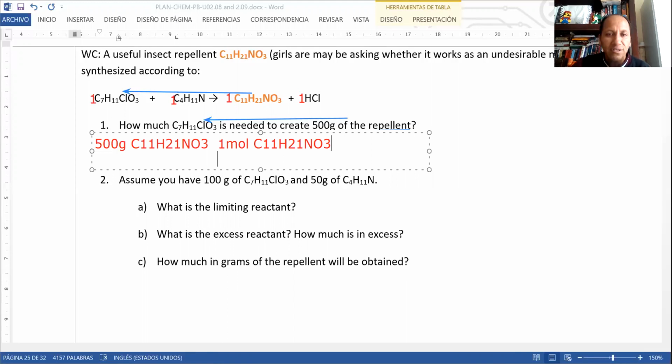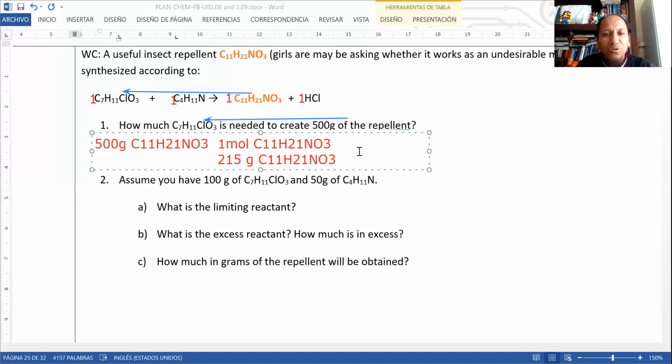According to the calculations, you put 11 times 12, which is the mass of carbon, plus 21 times 1, the mass of hydrogen, plus 14 from nitrogen, plus 3 times 16, which is the mass of oxygen. In total it is going to be 215 grams of the repellent, C11H21NO3.